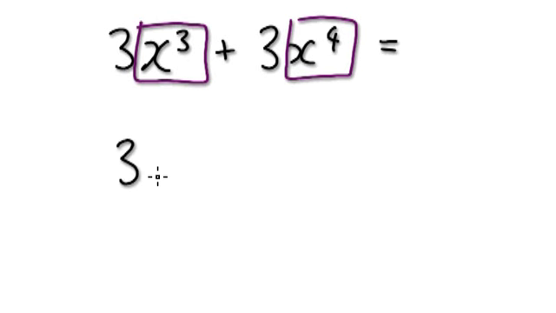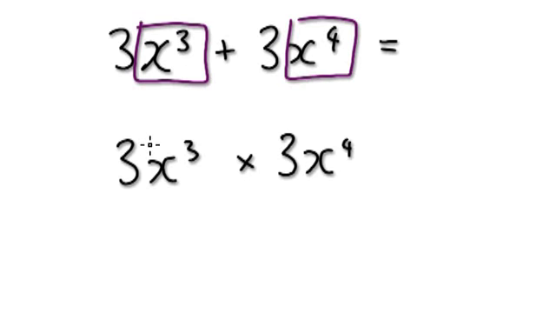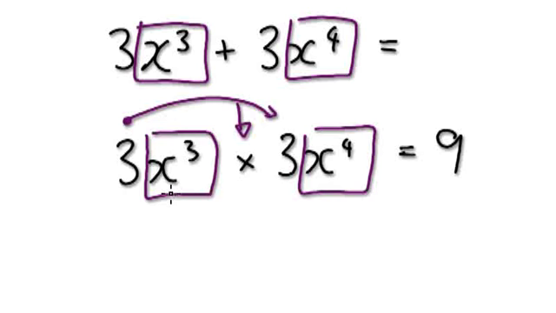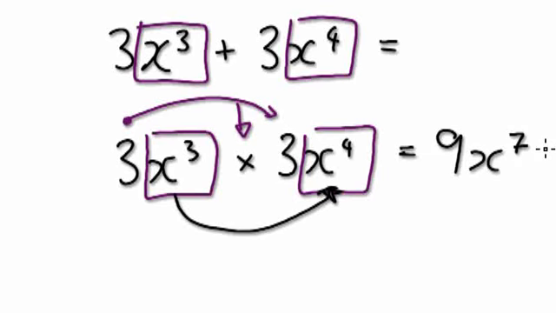But if I would say 3x to the power of 3 times 3x to the power of 4, well, here you've got your elephant, and then you've got to merge it with the giraffe. So here, I'm asking you to times. Don't forget, everything gets multiplied together. 3 times 3 is 9, and then these two merge together. So that would be x to the power of 7.